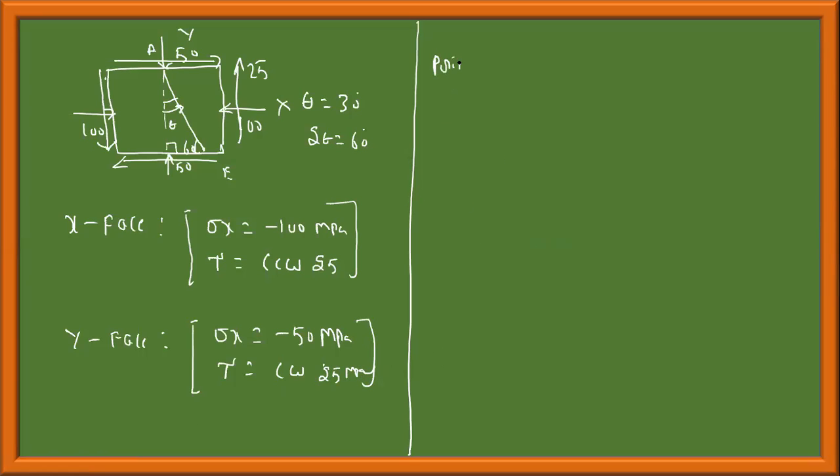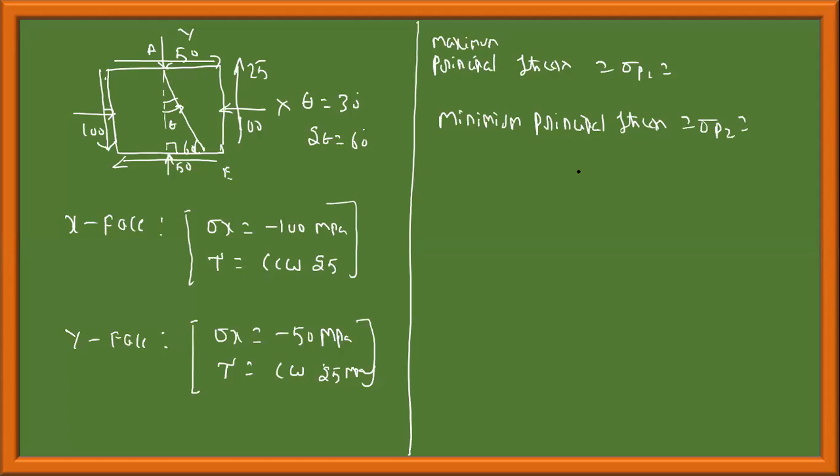Principal stress: maximum principal stress sigma p1 and minimum principal stress sigma p2, find them out. For the given state of stress, x face is minus 100 and counterclockwise 25.